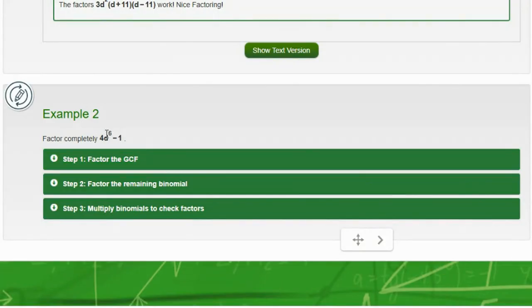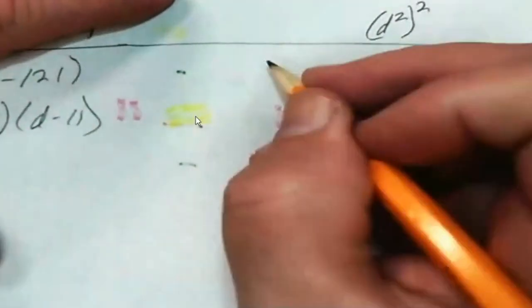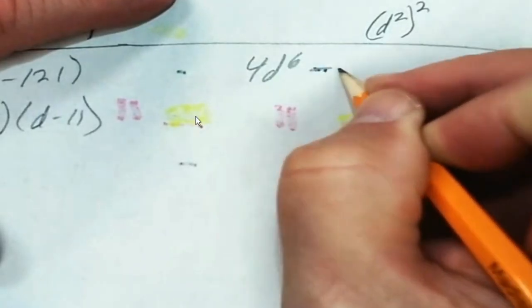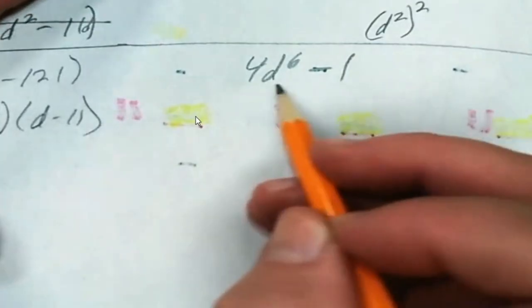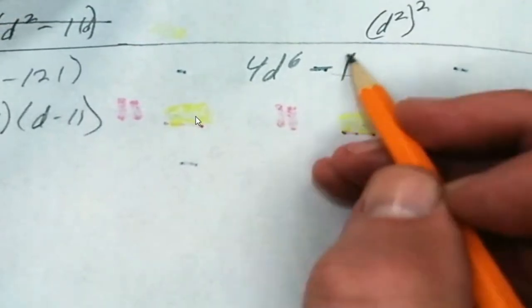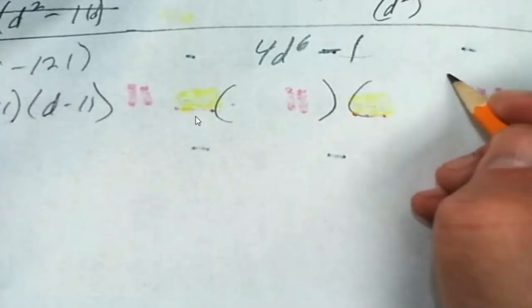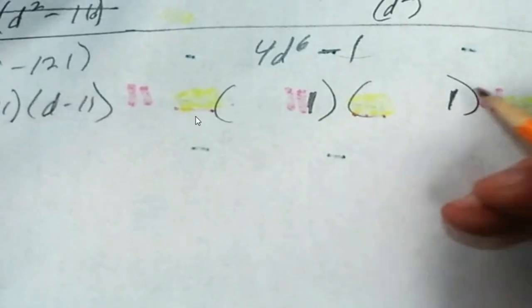Factor 4d to the 6th minus 1. Okay, that one doesn't have a greatest common factor, because we just have a 1 as the second term. So does this break out into two squares? 1 times 1 is 1, right? So that's a 1.